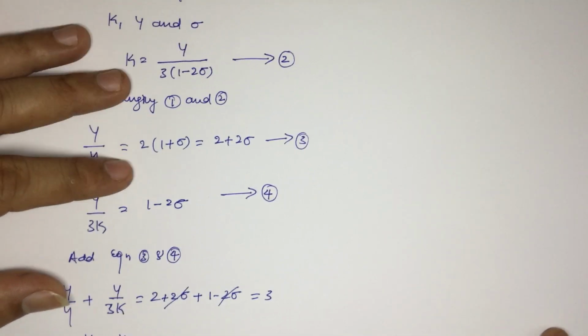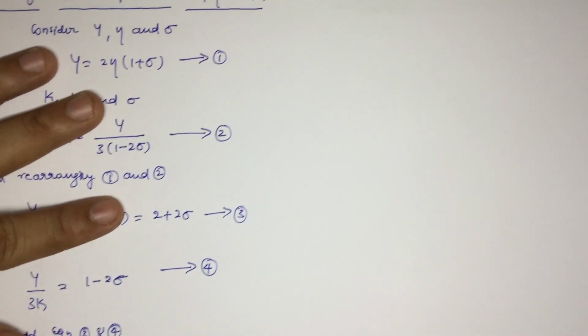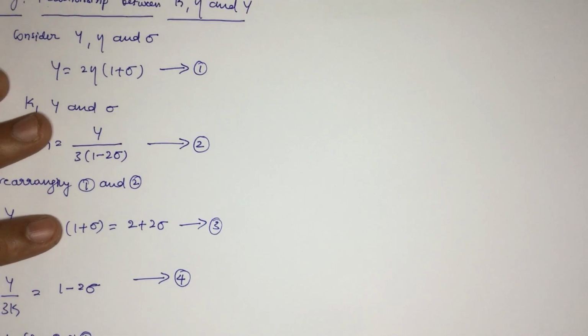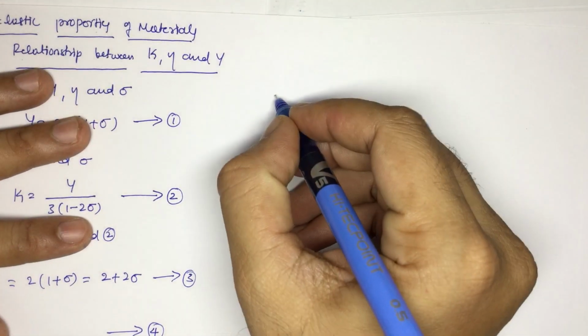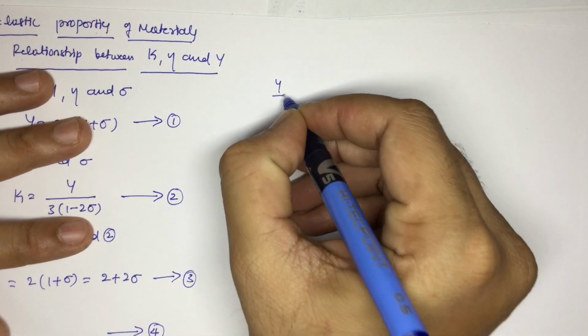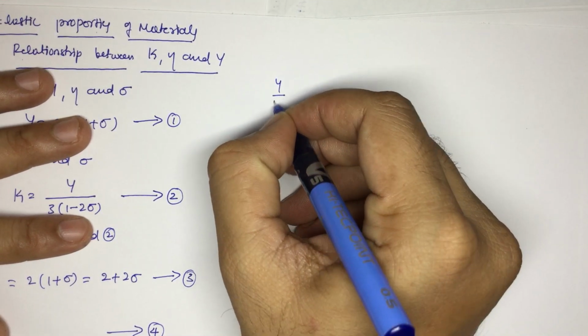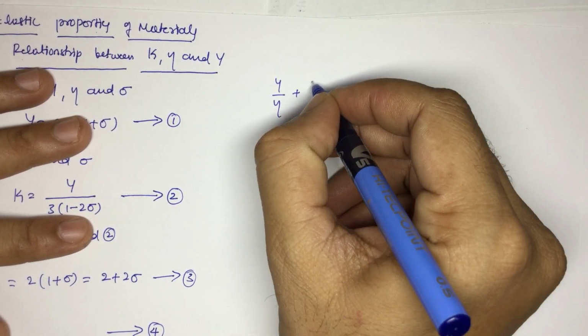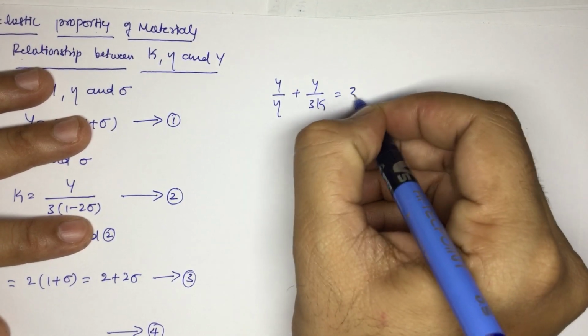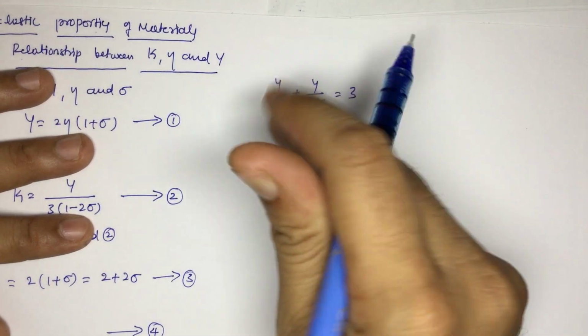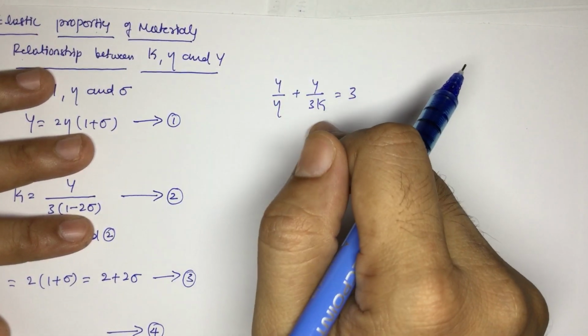Now I'll write that term once again here. Y divided by eta plus y divided by 3k is equal to 3. Now we have to add these two factors.